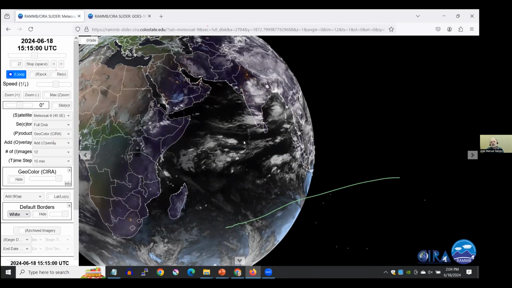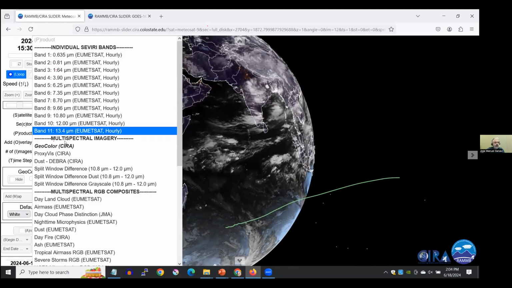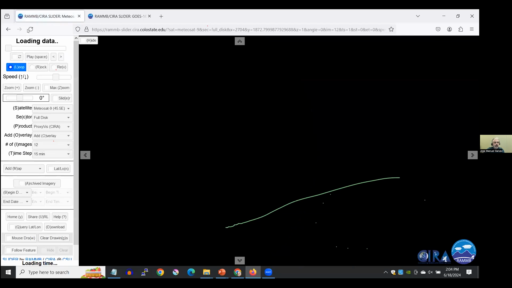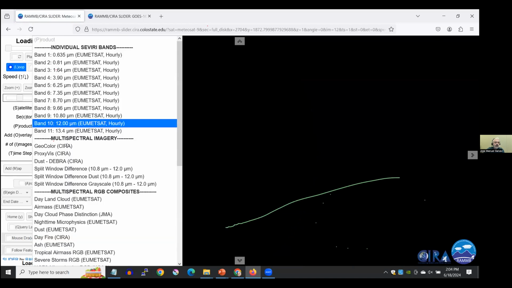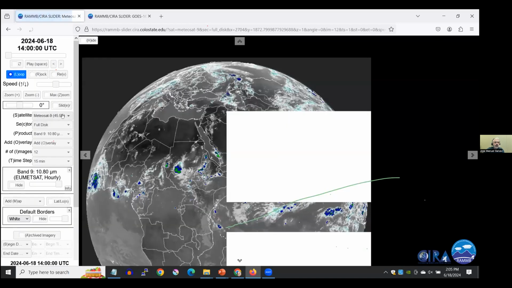This is called the GeoColor at night, but there are other products that could show what's going on a little bit better. This is taking a while to load, so I'm going to use another band, 10.8 micrometer. There you go.